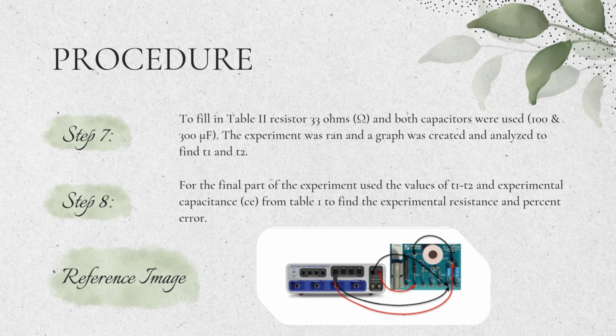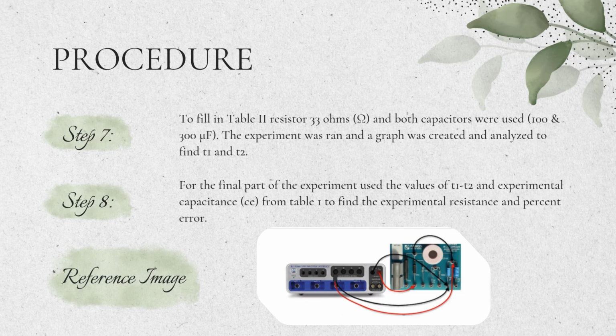After that, for the final part of the experiment, we used values T1 through T2 and the experimental capacitance from table 1 to find the experimental resistance and percent error. This final calculation helped us check the accuracy of our experiment by comparing the experimental resistance to the theoretical value.